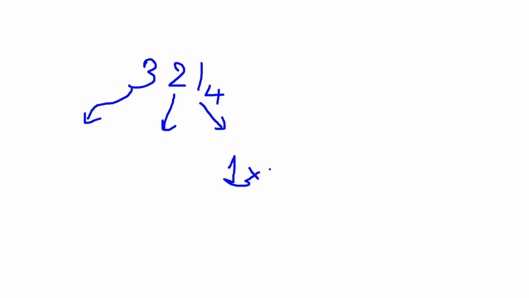For example, if you would like to know the value of 321 in radix 4, you write it in this pattern: 1 multiplied by 4 to the power of 0, plus 2 multiplied by 4 to the power of 1, plus 3 multiplied by 4 to the power of 2.